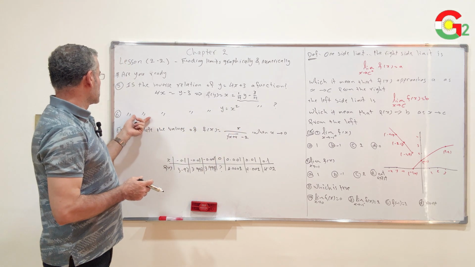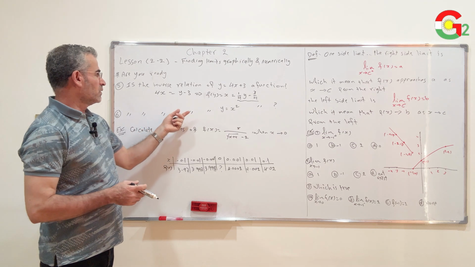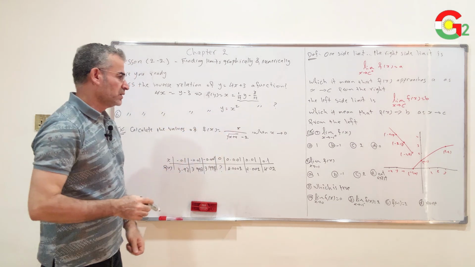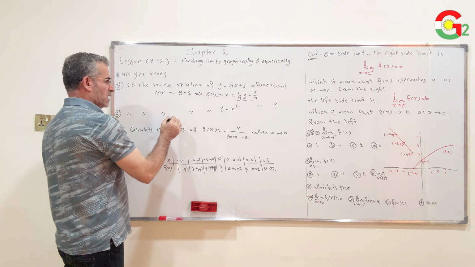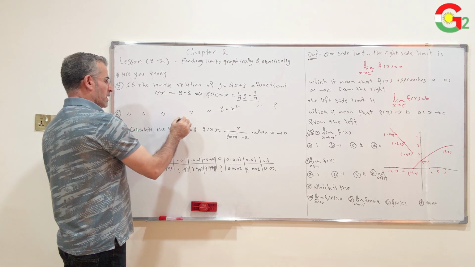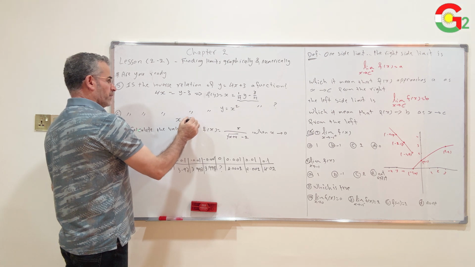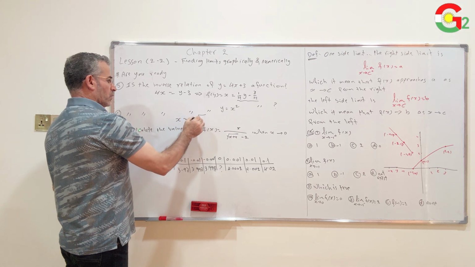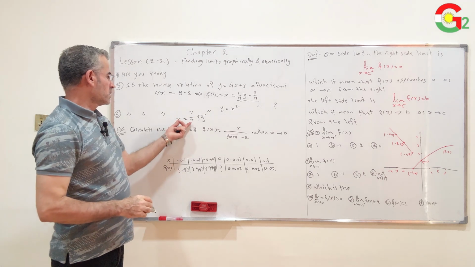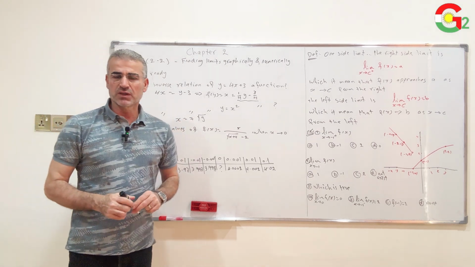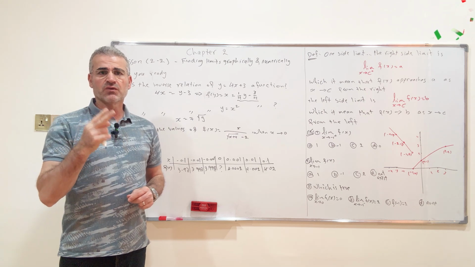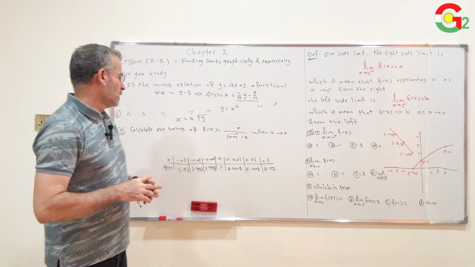Number 6, is the inverse relation of y equal x power 2 a function? If we rewrite it as x a function of y, it will be x equal negative or positive square root y. This relation is not a function because for every value of y there are two values of x.